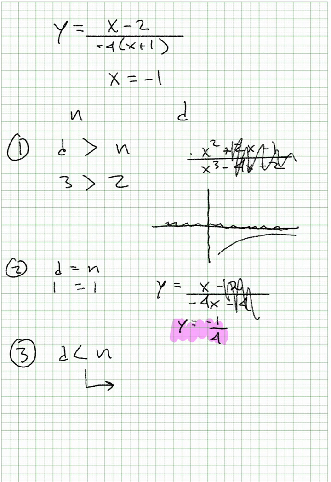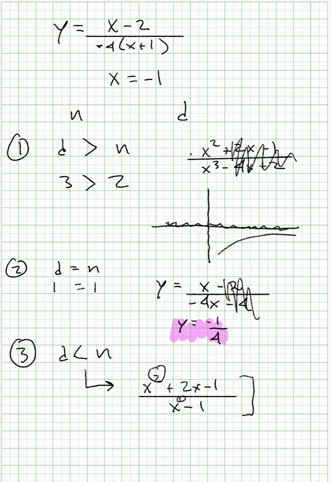Case one, if the degree of the numerator is exactly one bigger than the denominator, for example, in this case, the degree of the numerator is bigger than the degree of the denominator by exactly one. It's one bigger. What you have to do in that case is do polynomial long division. You divide the denominator into the numerator.